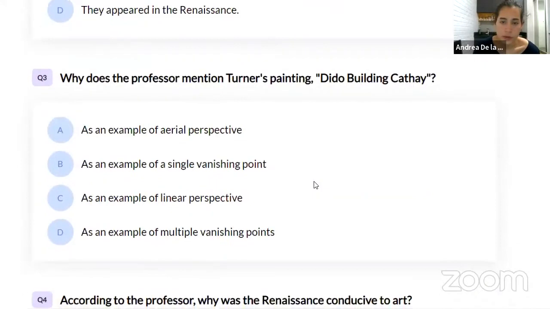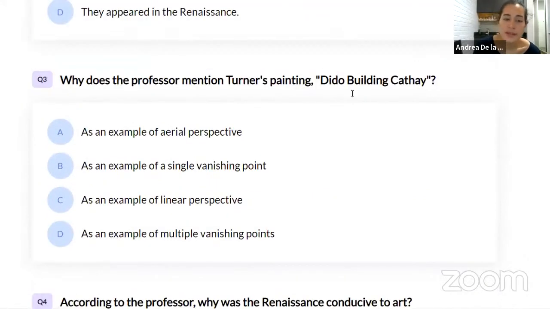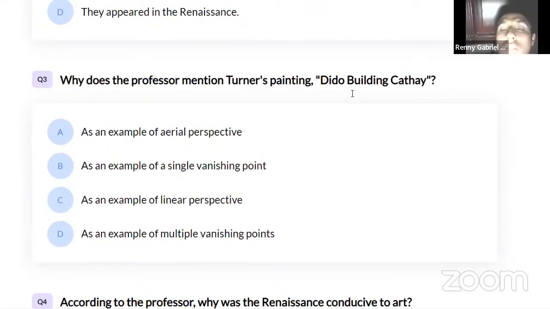Yes. Okay. So the third one says, why does the professor mention Turner's painting, the Ditto Building Cafe? Turner was mentioned.